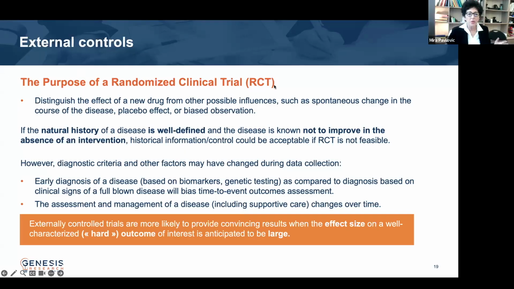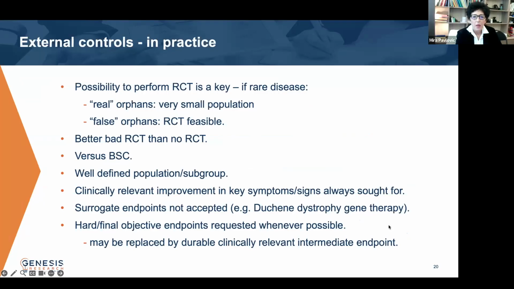It means that if the natural history of a disease is well defined and known, and if we are sure that the disease will not improve in the absence of an intervention, historical controls or external control could be acceptable if a randomized control trial is not possible. So we'll see in which situation this can happen. Let's look at this together.